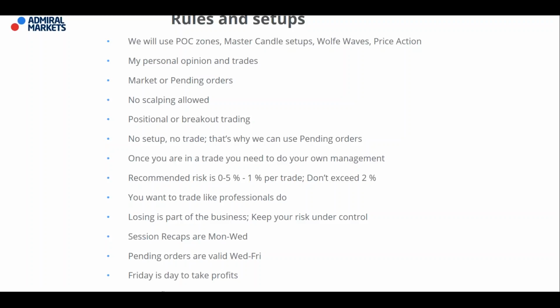If we capture a live move, why not, guys? Everything is allowed except a few things that I will mention. These are my personal opinion and trades. We will use market or pending orders.